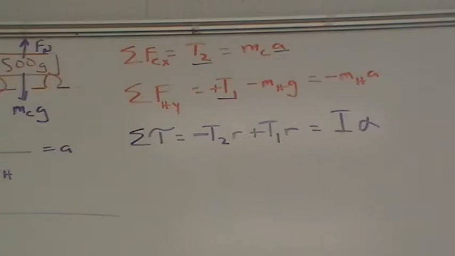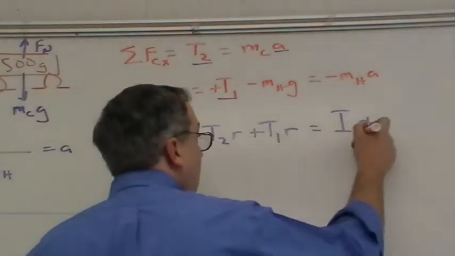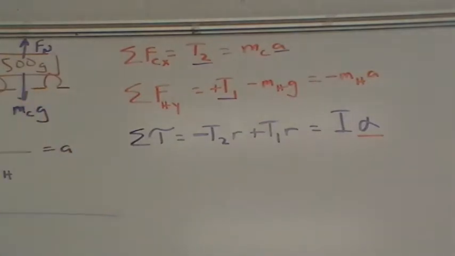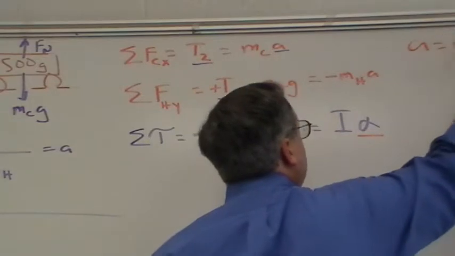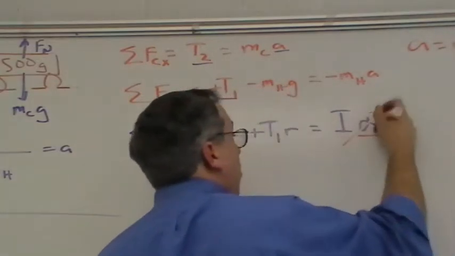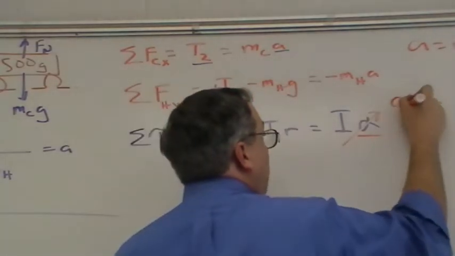And when I wrote that alpha in there, just like the previous problem, I added another unknown. But I already have an A, and we can turn alpha into an A, can't we? Yeah. Because we know A equals R alpha, so I can replace alpha with A over R.